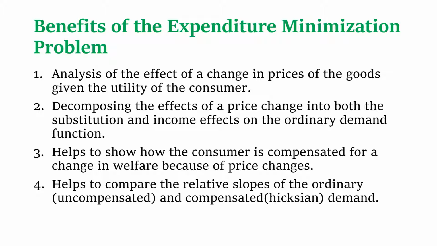Okay, so when the price increases, the welfare of the consumer is going to fall, and because of that, we expect that consumer to be compensated. That's how the Hicksian or compensated demand came about.